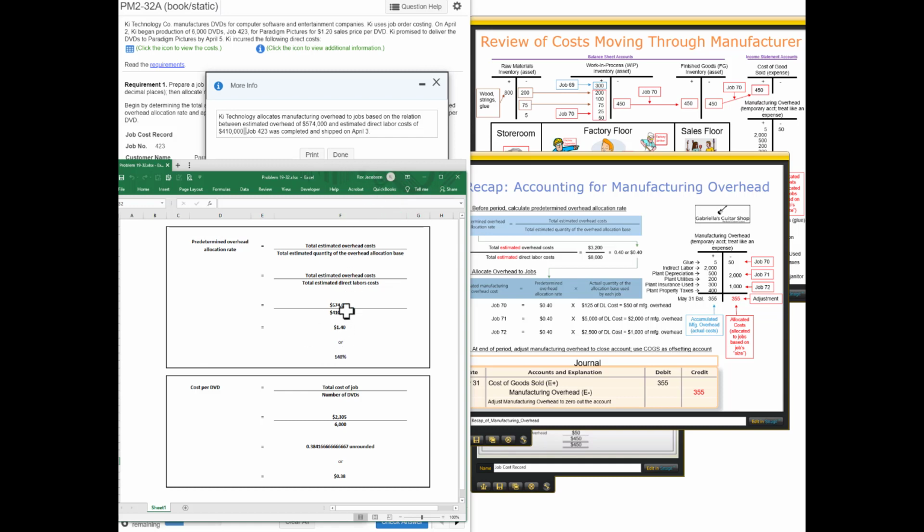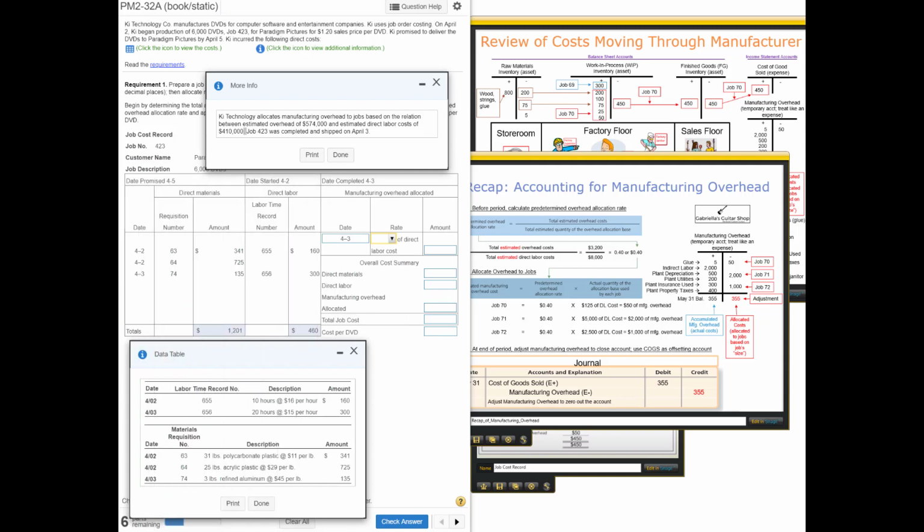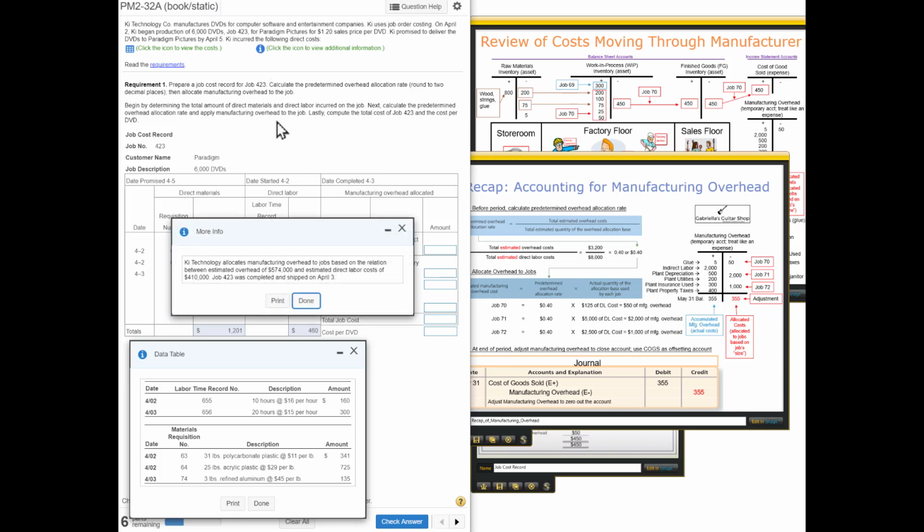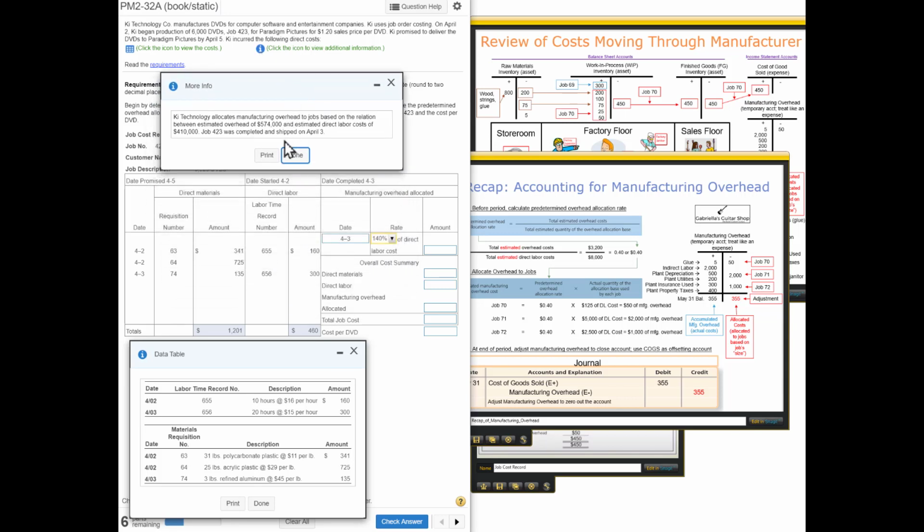So I'm going to place this 1.4 or 140% in here. So what that means is for every dollar of direct labor cost, and notice in this screenshot or this data table, the bottom part is estimated direct labor costs. So this total estimated quantity of the overhead allocation base is direct labor costs.